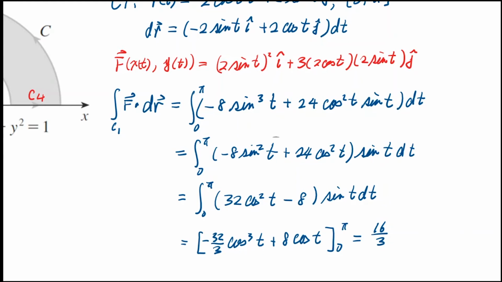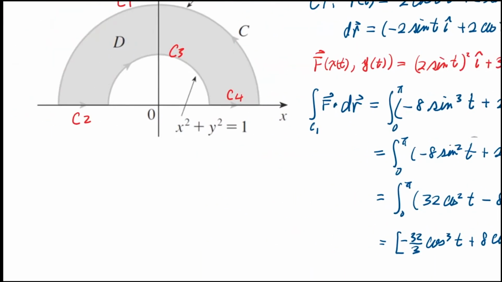Okay, that's just one of the paths. I'll do C2 and C3 here, with black color. At C2, my r is just t i vector, this way, plus 0 j vector.